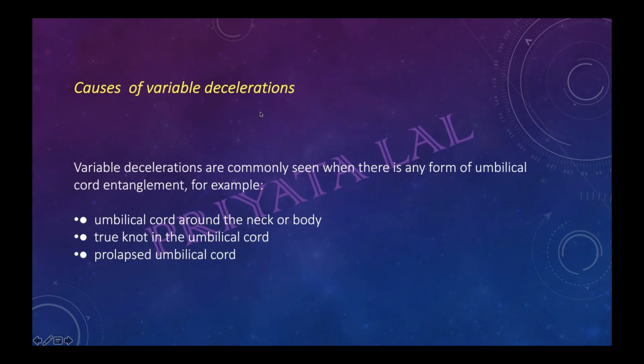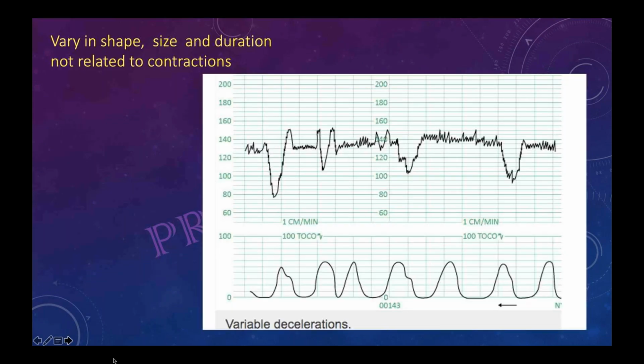Now why does variable deceleration occur? Because of cord compression. So any issue with the cord, this type of deceleration will occur. Sometimes it is around the neck, sometimes there is a knot, sometimes there is prolapse.